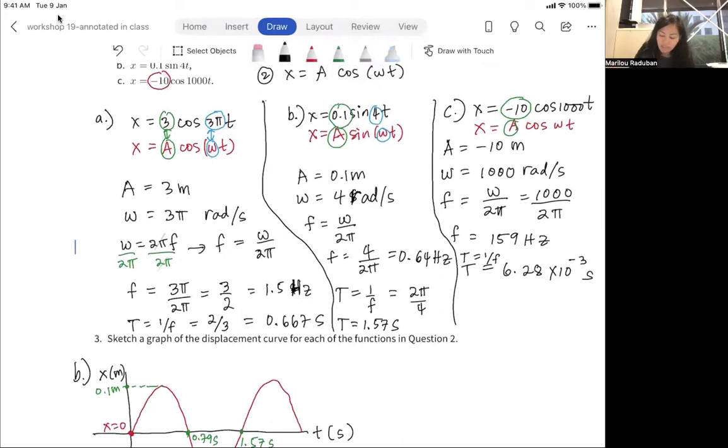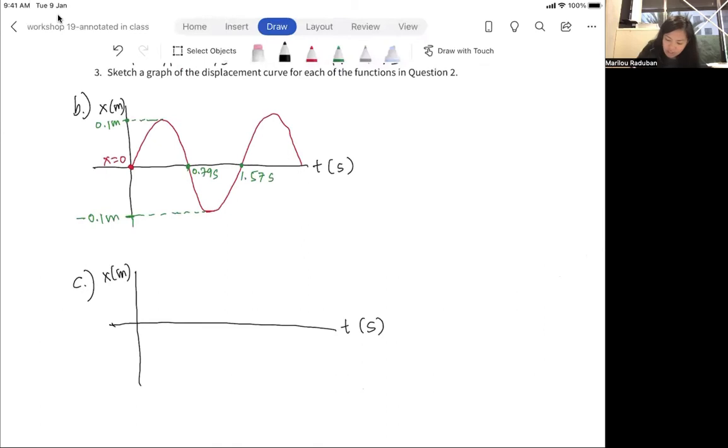So that means the object should have started at -10. So x is equal to 0 is here, right? So x is equal to -10 should be below the equilibrium position. Okay? And you should have a sinusoidal graph that repeats itself like that.